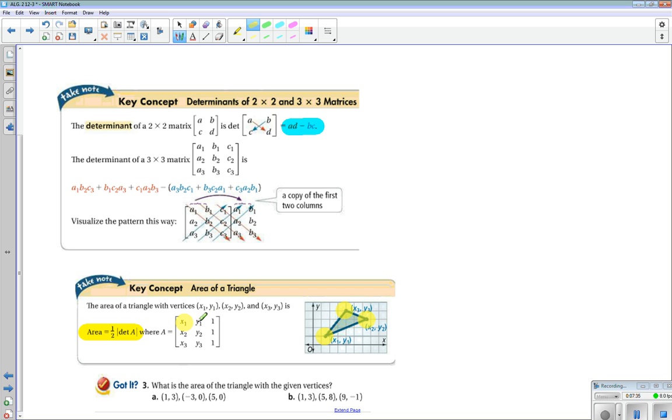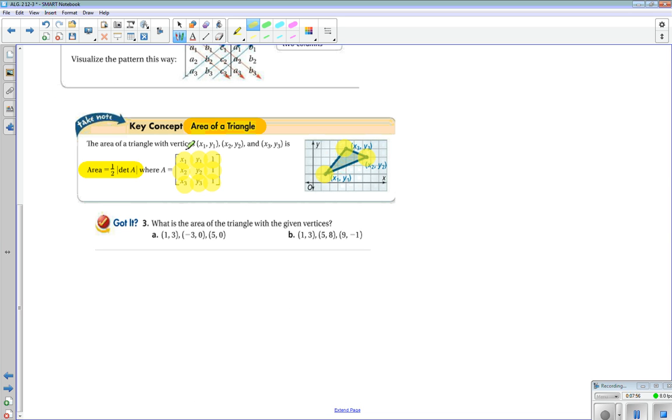You put the first set of vertices in the top row and then a 1, second set of vertices in the second row and then a 1, third set of vertices in the third row and then a 1. When you do that, you find half of the determinant, and you can find the area of that triangle. So let's do that together.